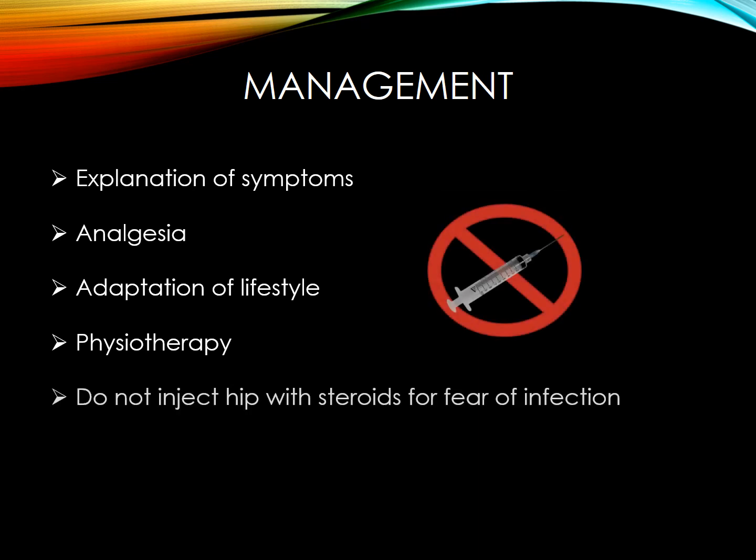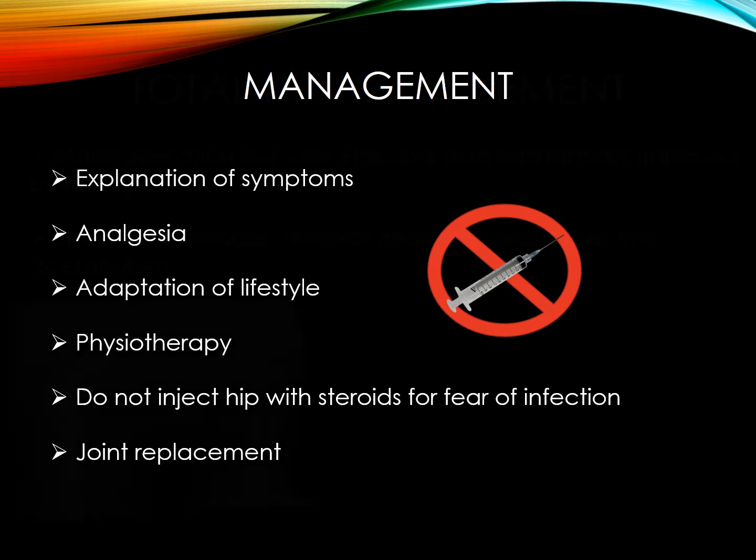Certainly do not inject the hip with steroids because you might introduce infection, which obviously would spoil the chance of a successful total hip replacement. And then the main treatment for established osteoarthritis, by established I mean someone who's got severe persistent pain, would be a total hip replacement.